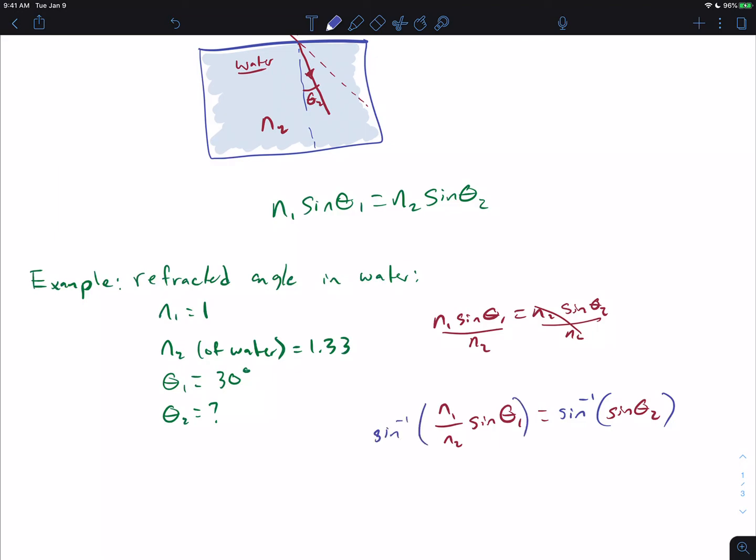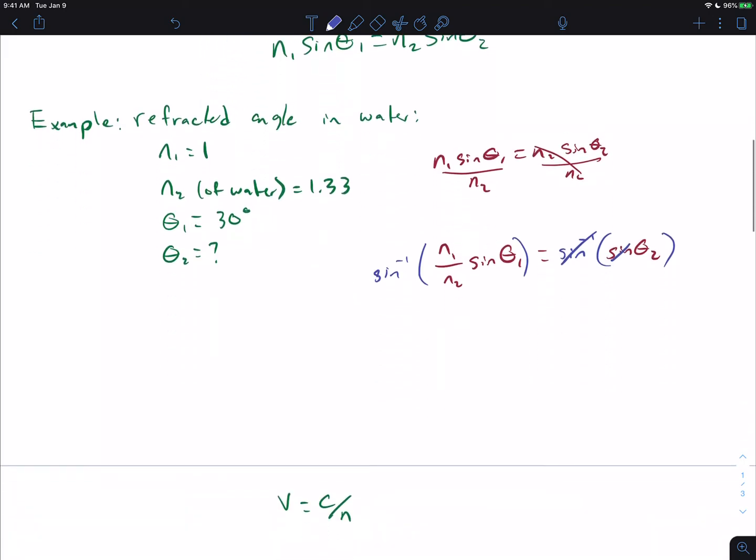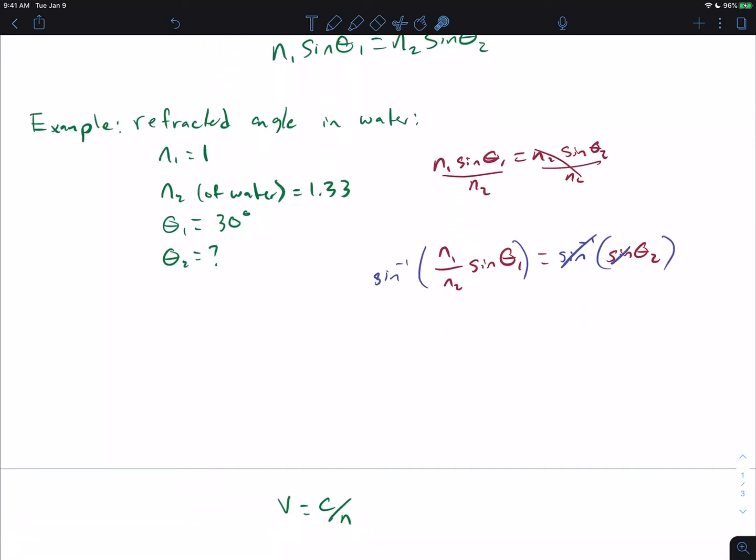And what will happen is my sine and my sine inverse will cancel, okay? So we can find here the sine inverse of this value, and easily find my theta 2, right?